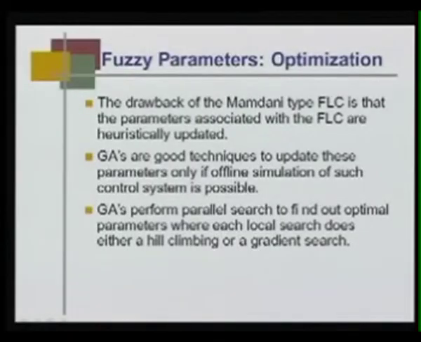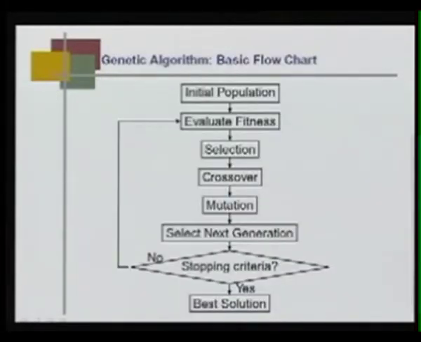So, GAs perform parallel search. What is GA? GAs perform parallel search to find optimal parameters, where each local search does either hill climbing or a gradient search. In a genetic algorithm, the initial population, in the case of control systems, is a random solution space of parameters.